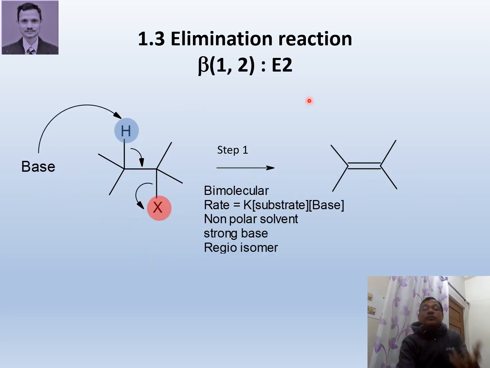Similarly, we have E2 reaction. In E2 reaction, the base attacks the proton directly, and simultaneously the leaving group departs to get the olefin compound. So here there is no intermediate structure generated, and non-polar or aprotic polar solvent accelerates the rate of reaction, and the rate of reaction depends upon both base and alkyl bromide.